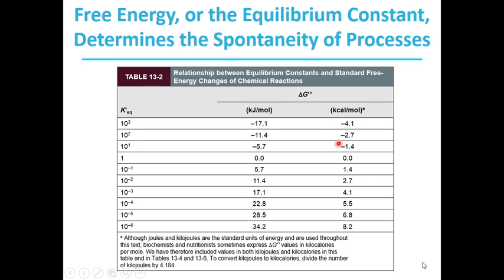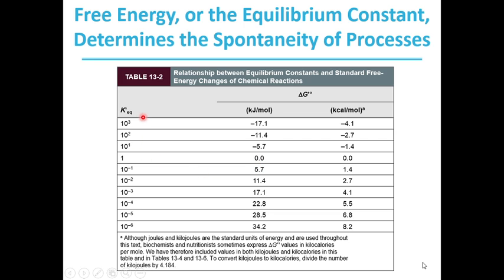This table shows the relationship between standard free energy change and the equilibrium constant. If the equilibrium constant for a given chemical reaction is 1, the standard free energy change of that reaction is 0, as you can see.